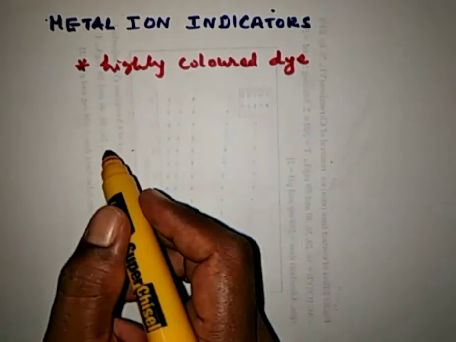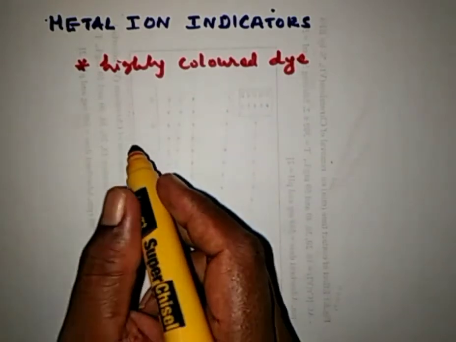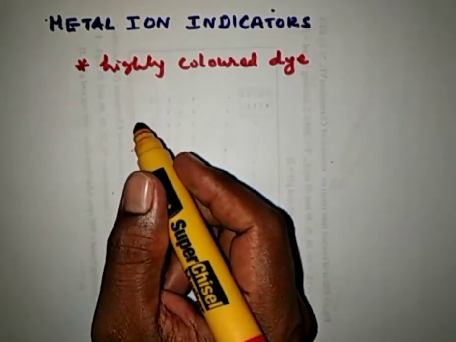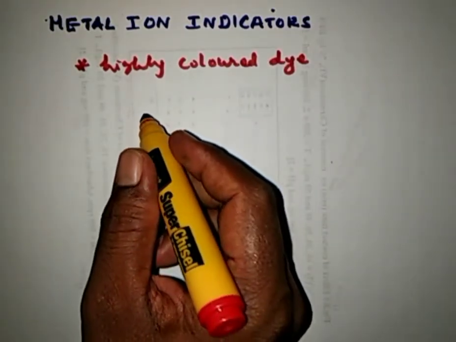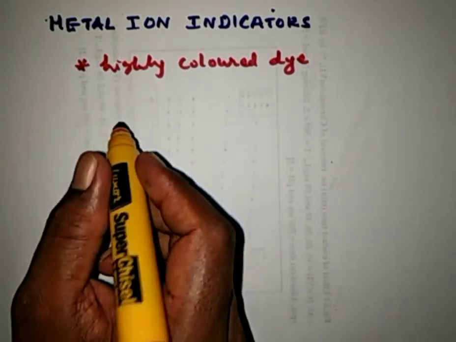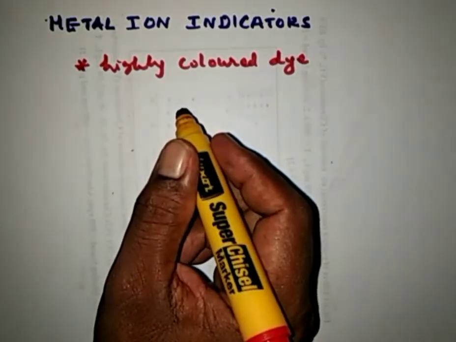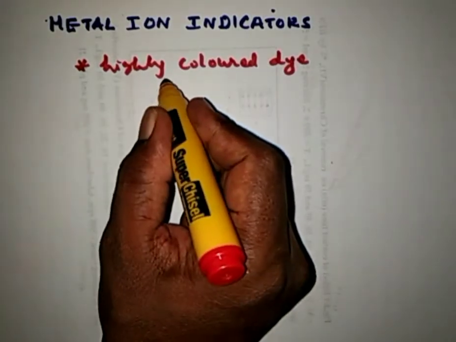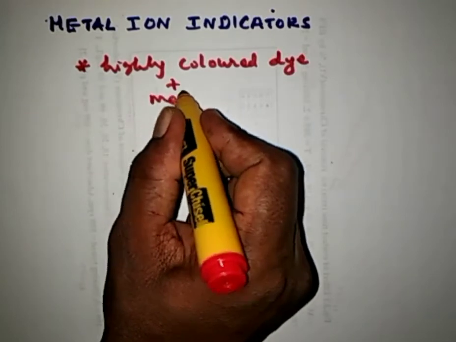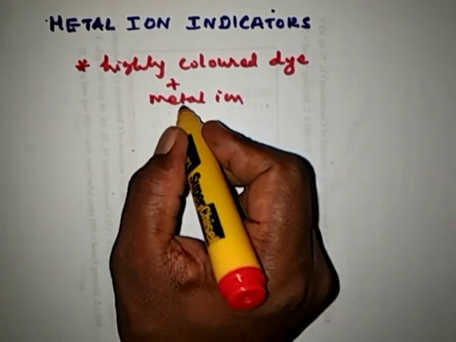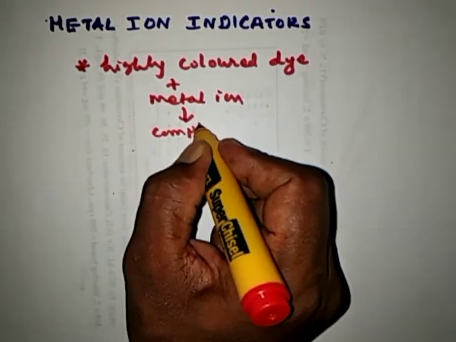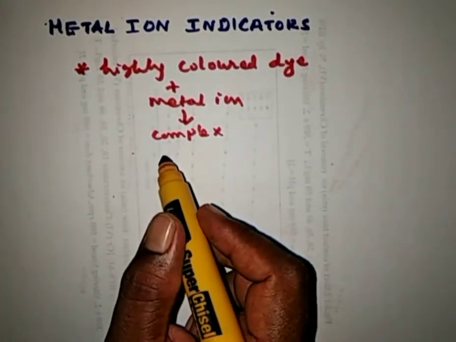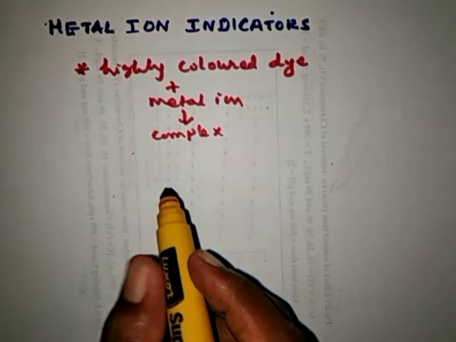This colored dye forms a complex with the metal ion to be titrated. Whatever metal ion we are going to titrate will form a complex with this colored dye, and this complex has a different color from the original dye.